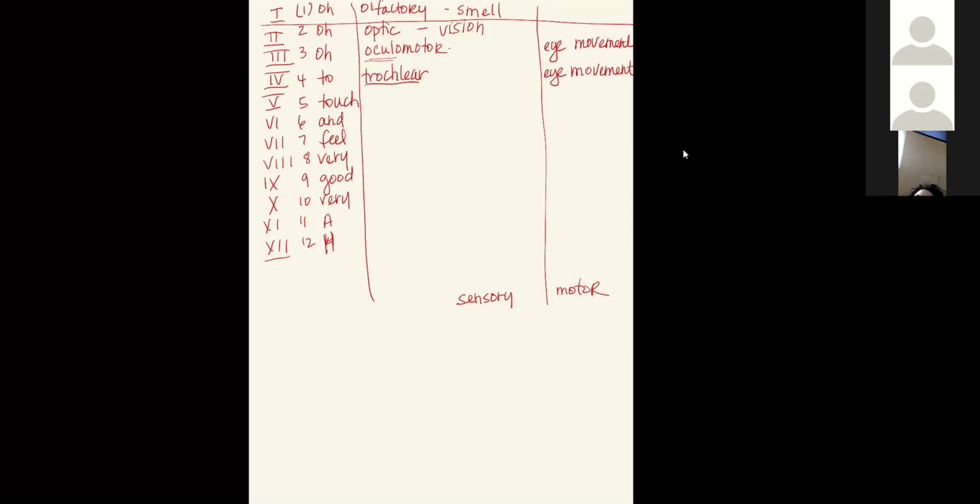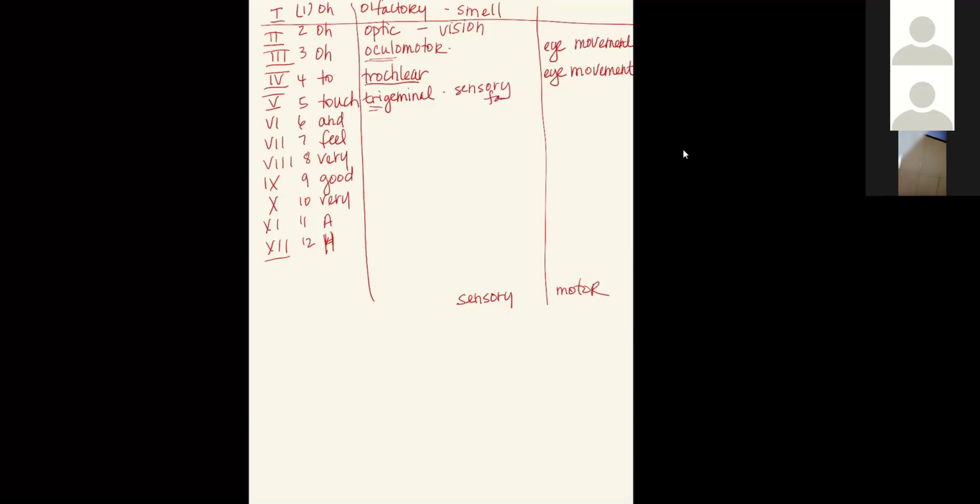Now the next one is trigeminal. Trigeminal has 3 branches, so it's a big one. It goes all the way around your face. It is going to have sensory information from your head and your face, so it's going to detect things like pressure.